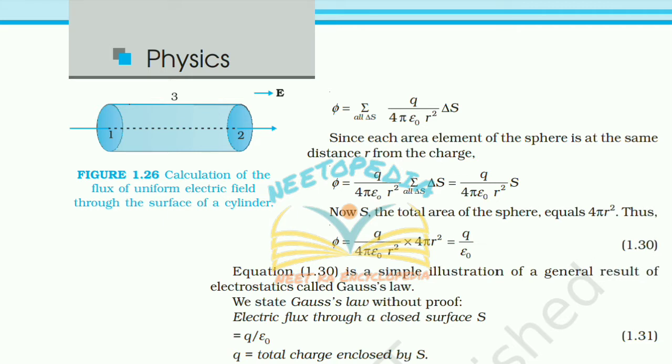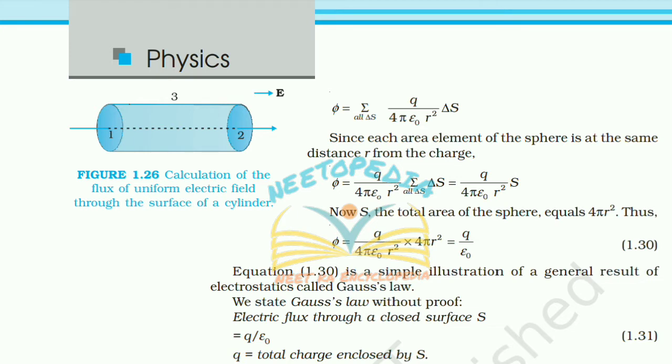Since each area element of the sphere is at the same distance r from the charge, φ is equal to q upon 4π ε0 r² times the summation of ΔS. Now S, the total area of the sphere, is equal to 4π r². Thus, φ is equal to q upon 4π ε0 r² into 4π r², which is equal to q upon ε0.